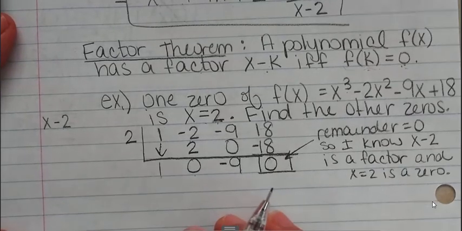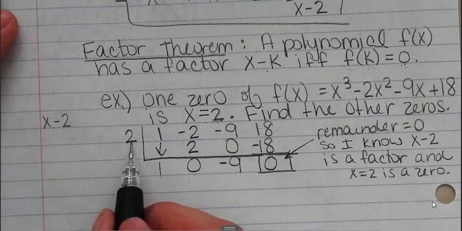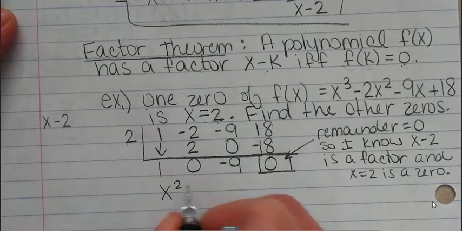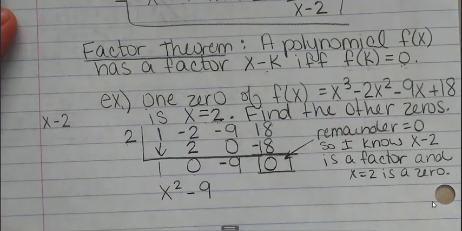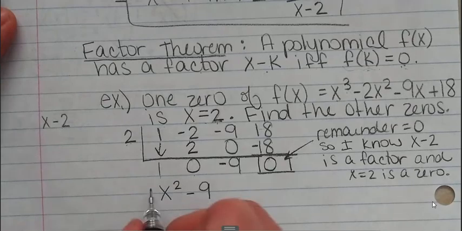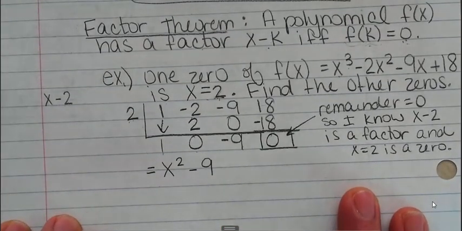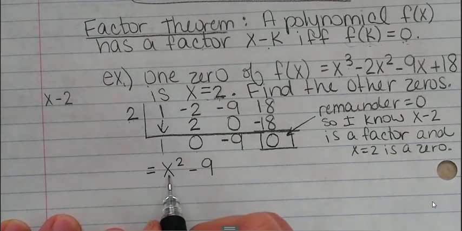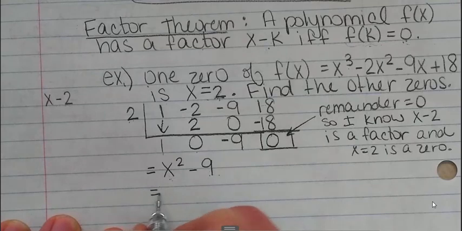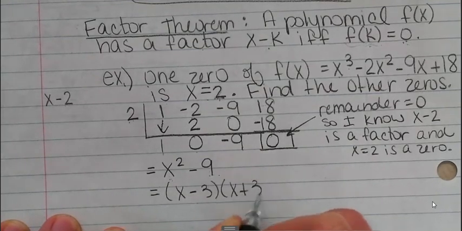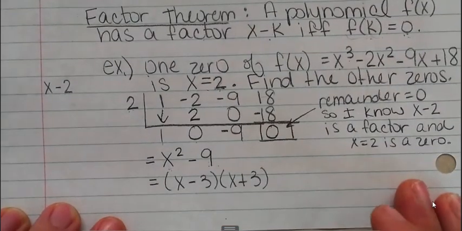So now what I'm left with, after I factor out that x minus 2, is x squared minus 9. Okay, so now it's time for me to factor it some more. x squared minus 9 is a difference of 2 squares. You factor that out. Hopefully by now this is second nature for you.